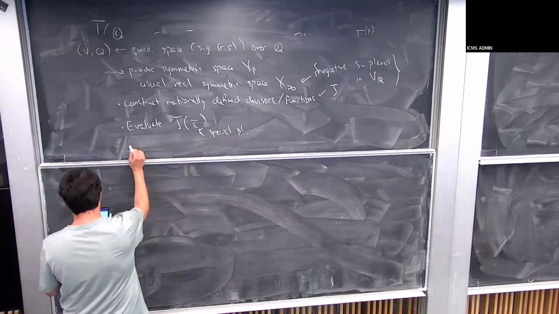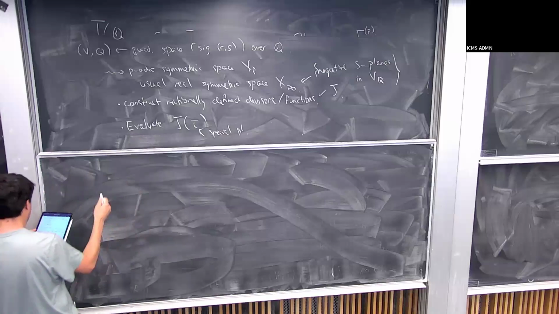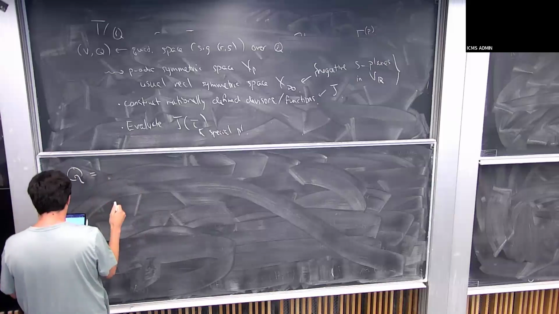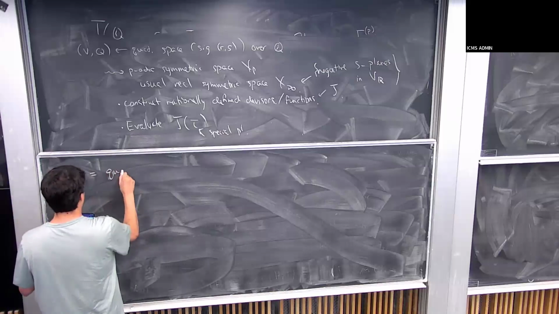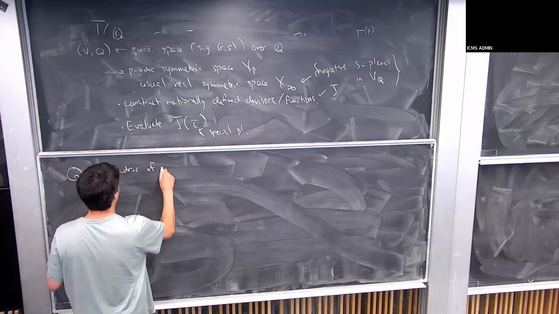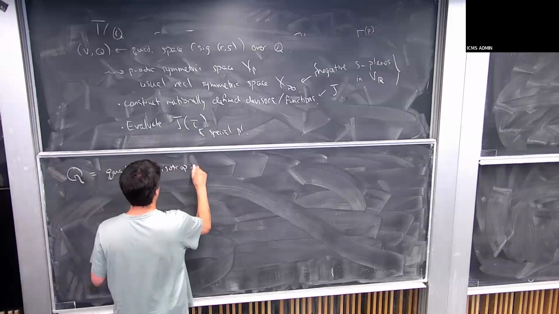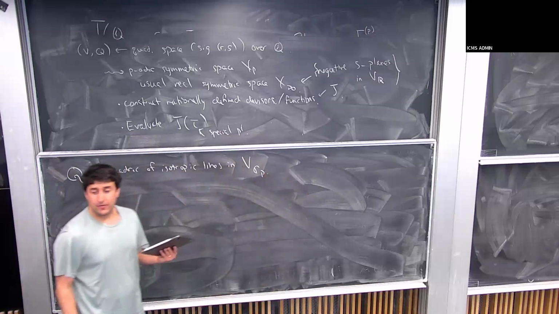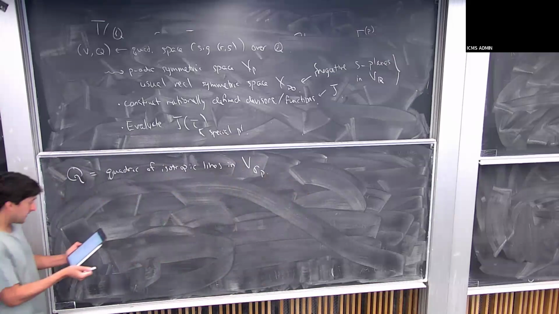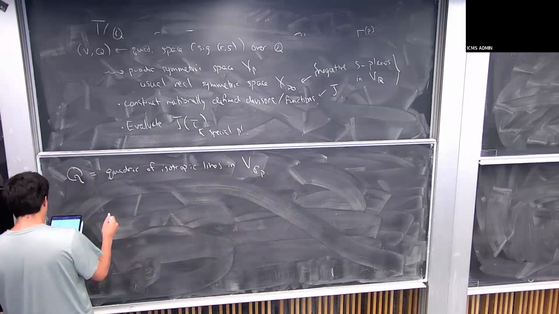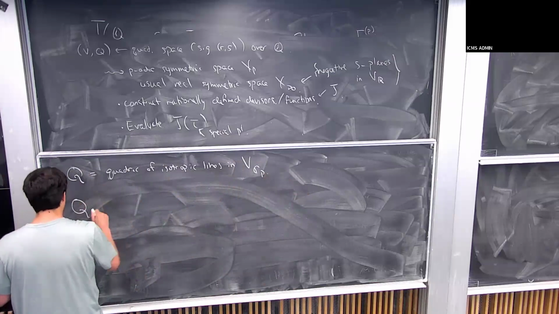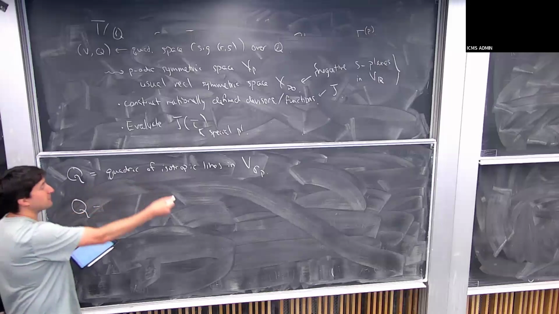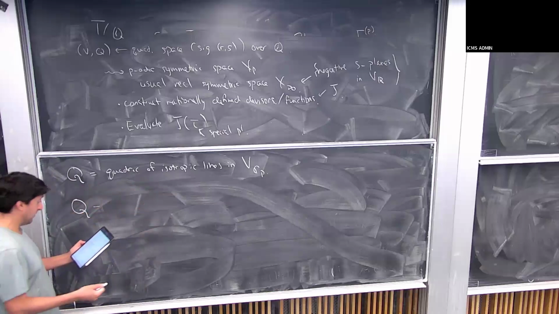So I've said what this X_infinity is. Okay, so Q, this is a quadric of isotropic lines in V over C_p. And we define X_p to be this quadric, and this, by the way, is like some flag variety for the corresponding orthogonal group.